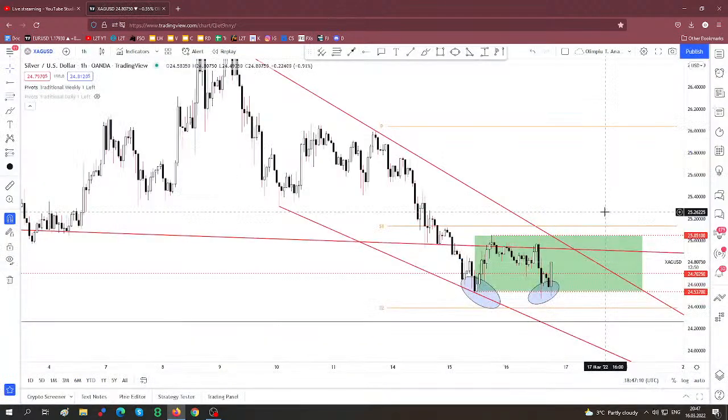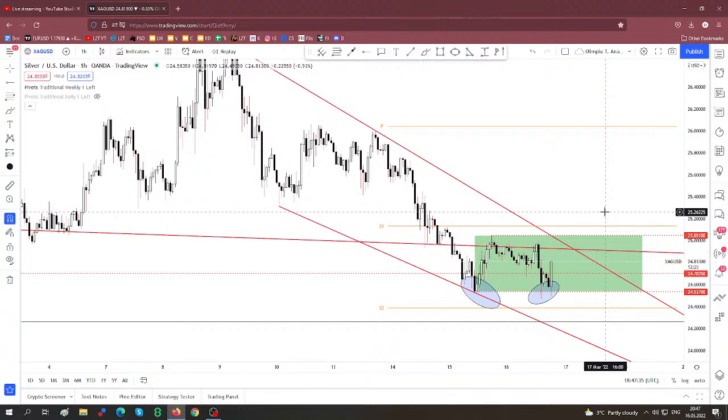Silver rallies. Because the uncertainty is high, that's why metals jump higher in the short term.